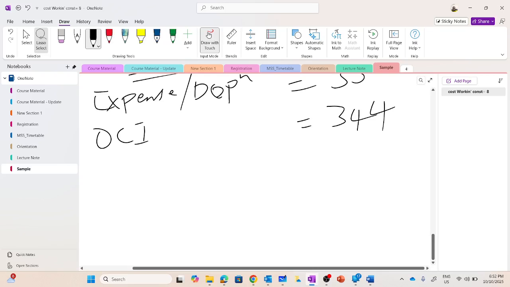And under the statement of financial position, we are going to show an asset value of 1365. So this is the entry.